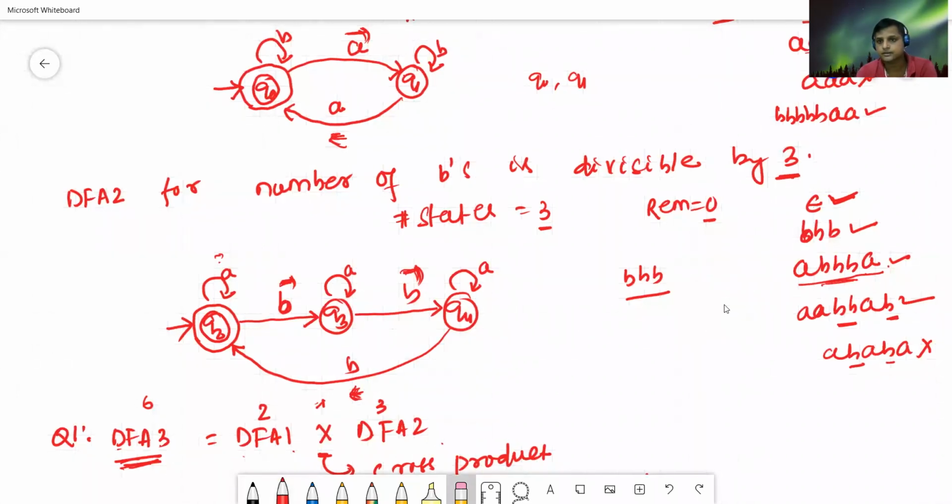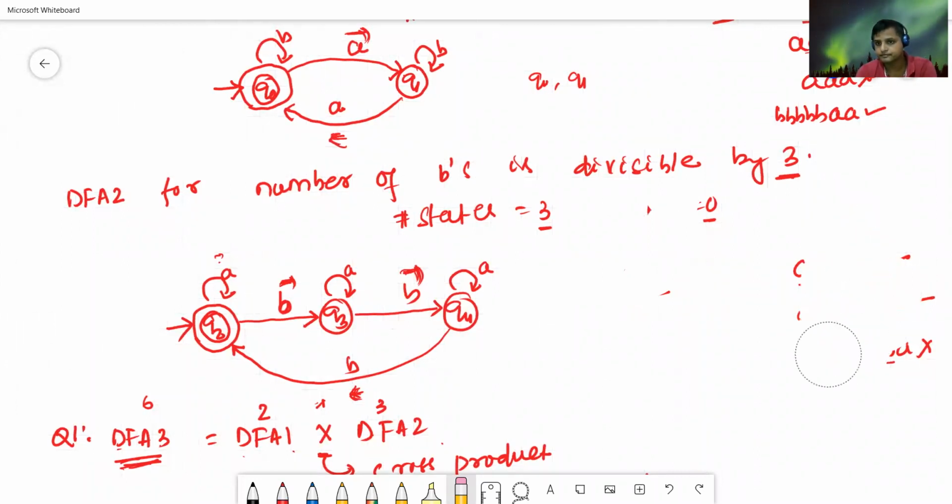I am just erasing here. See here, Q0, Q2 state. Q0 reads A, goes to Q1.